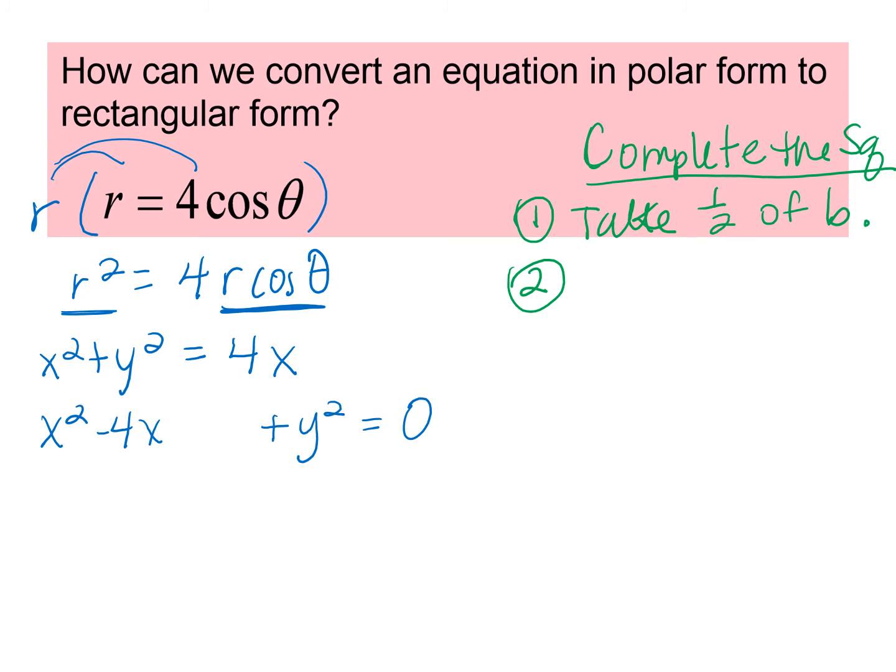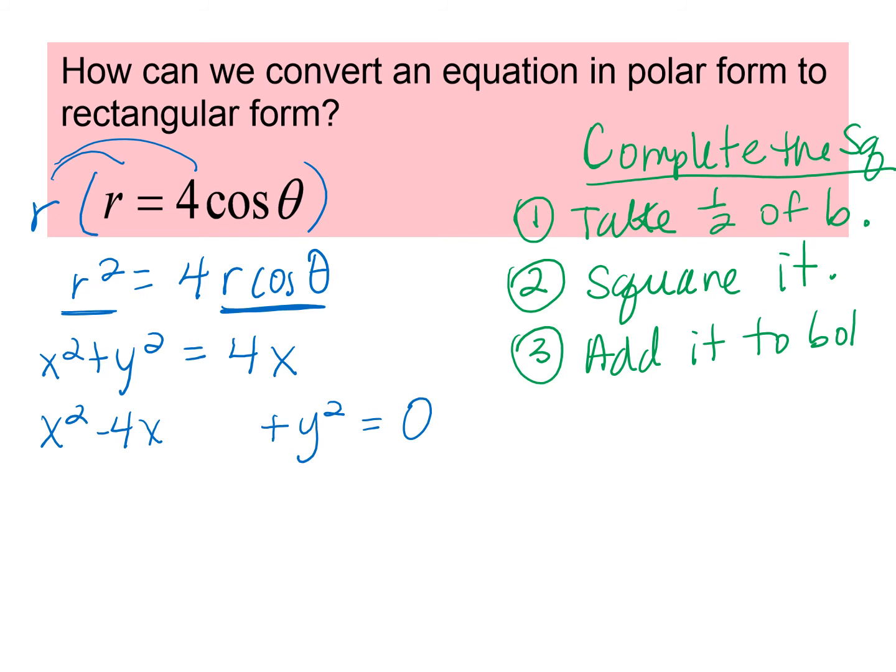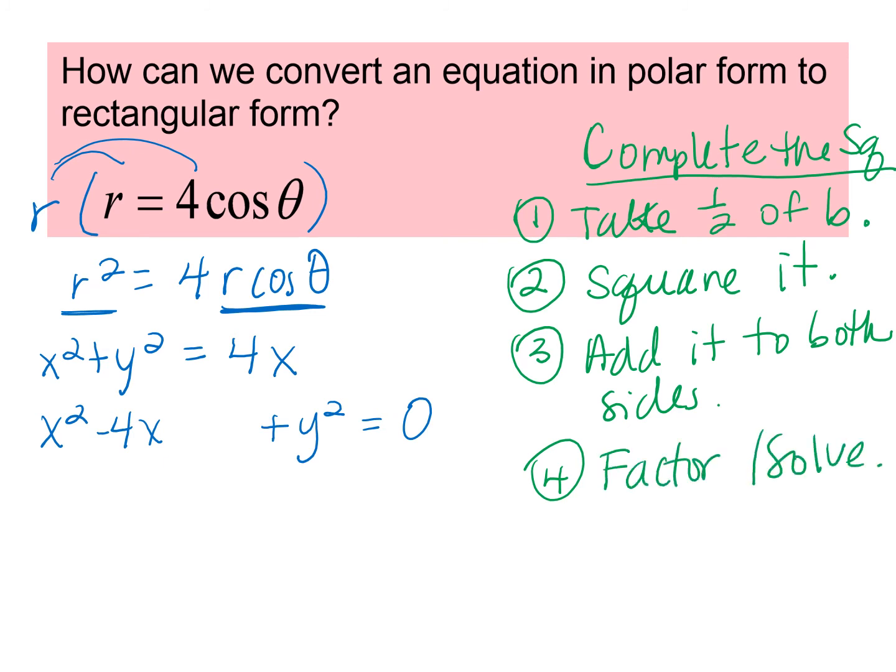Step 2, you square it. Step 3, you add it to both sides. In step 4, factor or solve, depending upon what the question asks for. So just a quick little review of how to complete the square.